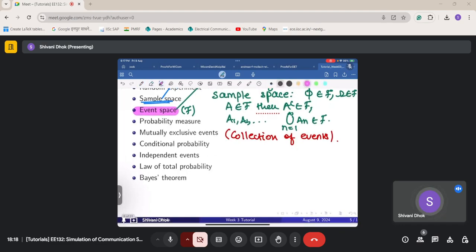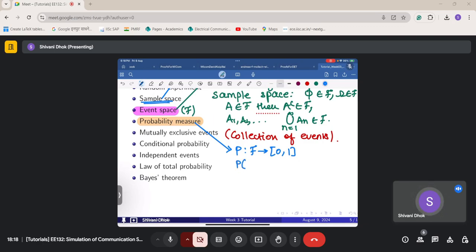After that, we have another important concept, that is the probability measure. This probability measure is a function from your event space, and it takes values only between 0 and 1.